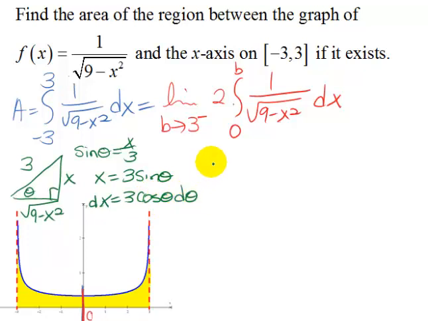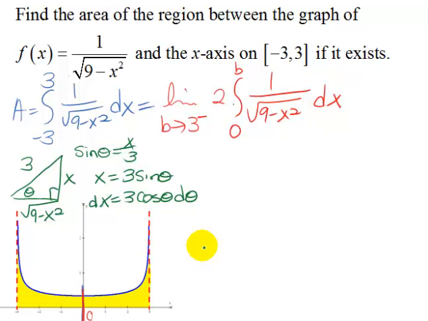Doing this substitution now, because I have this 0 to b and I don't want to think about getting this in terms of my new variable, I'm going to compute this as an indefinite integral in theta, then resubstitute and then do the evaluation.